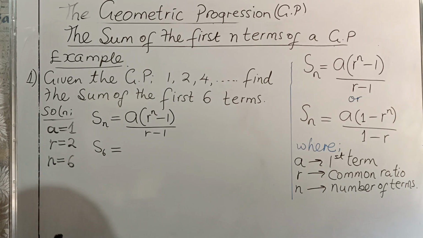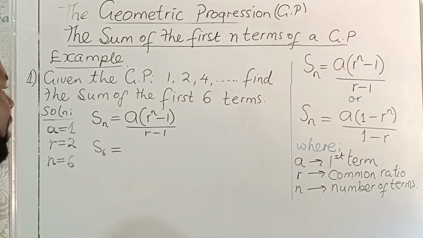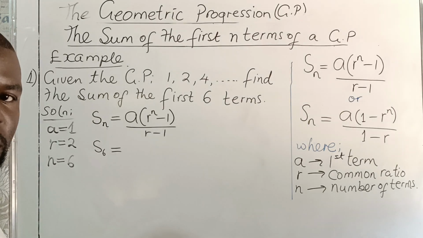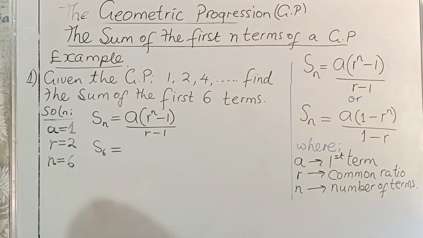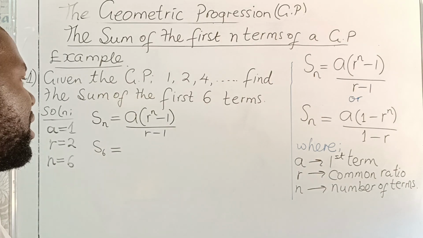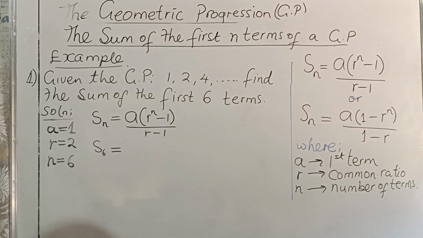And our N is the number of terms that we are told to find the sum of. So N is 6.